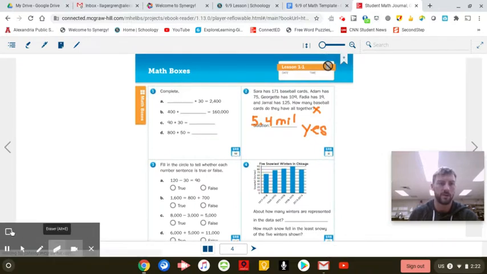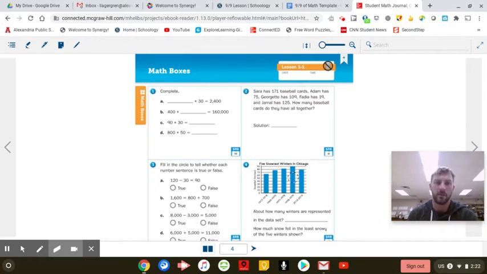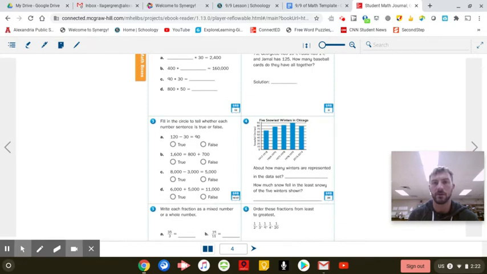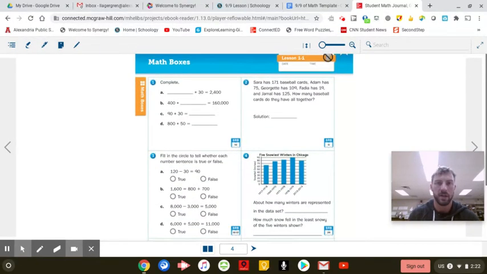Still got some writing there. Just do your best on these with math boxes. If you don't know already, there's usually 5 or 6 of them. 2 are things that you should know or things from the past. 2 are things we're currently studying. And then 2 are typically things we haven't covered yet.